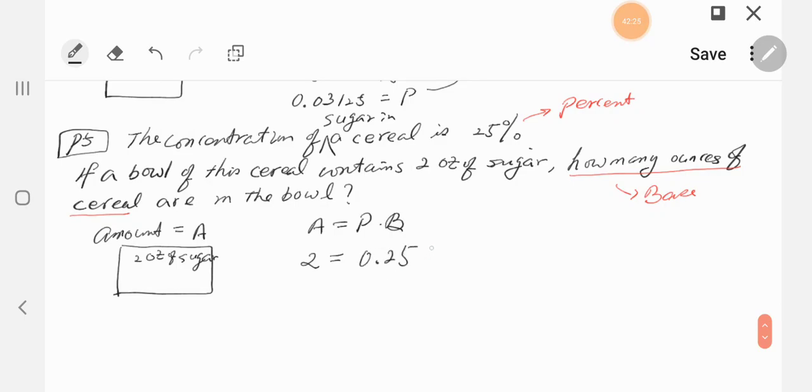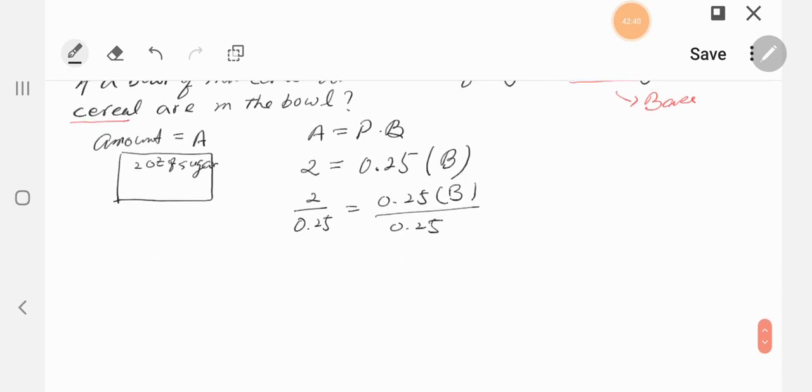So this is 0.25, 25% of the base, right? So divide each side by 0.25. So we have B. Isn't it 8 is equal to B? So the base is the amount of the cereal in that bowl.